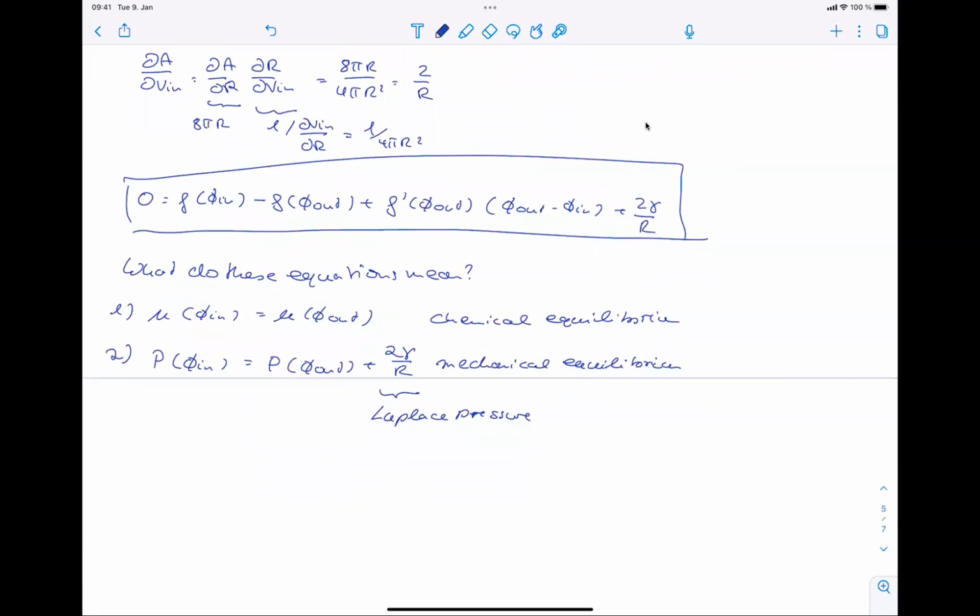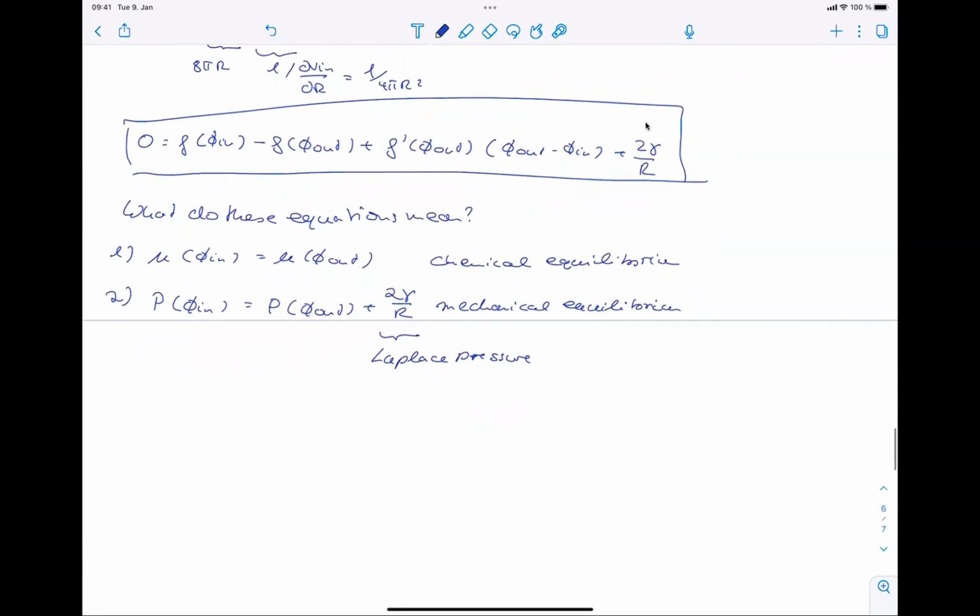Okay, so at least now we make sense of what comes out of just our mathematical procedure, and obviously the way to go ahead now is to solve for phi in and phi out depending on the free energy that we wrote down.